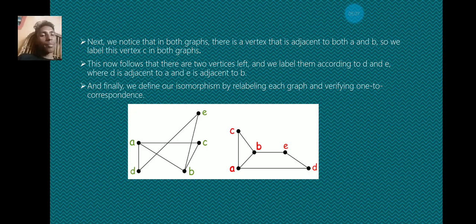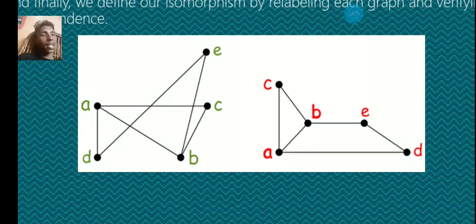Next, C and D like this. Next we notice that in both graphs there is a vertex that is adjacent to both A and B. So we label this vertex C in both graphs. A, B, and the opposite side is C. We can observe this clearly.